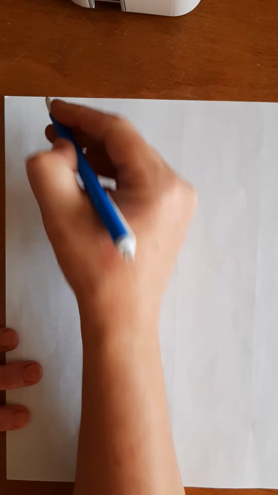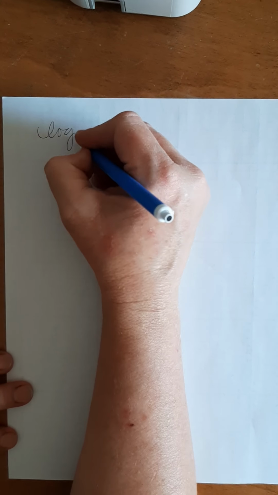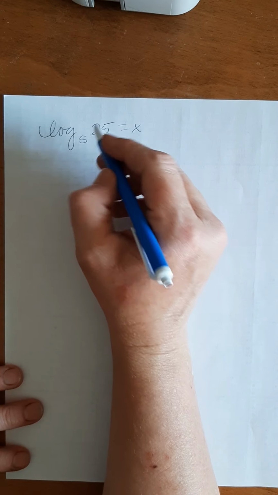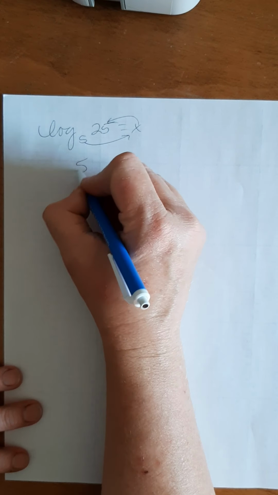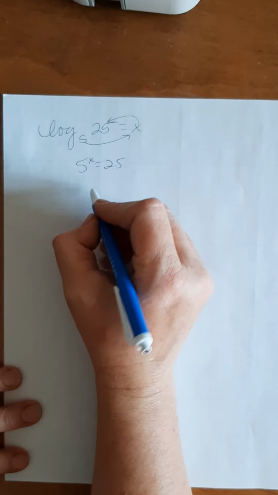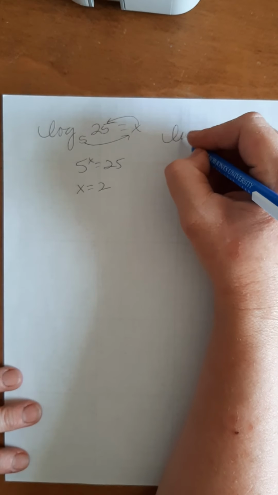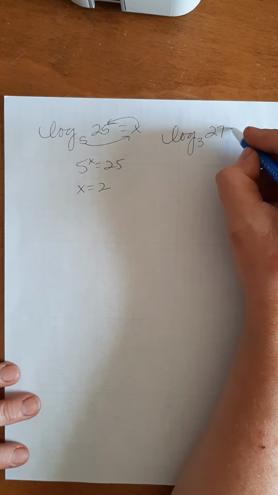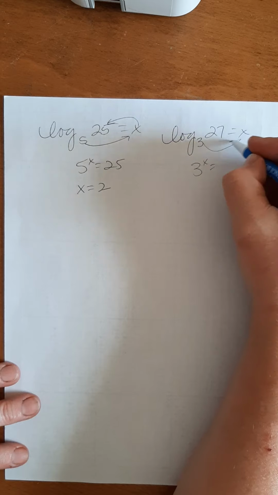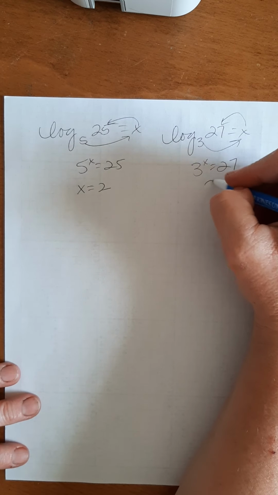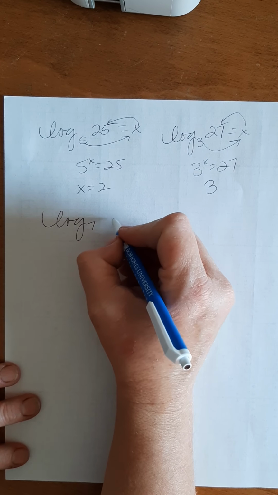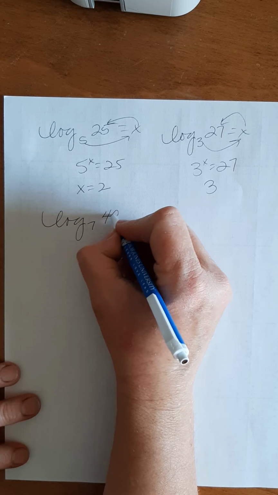Now, besides that, you can also simplify some basic ones. Like, if I just said simplify, in other words, solve for x, 5 to what power equals 25? 2. Let's say I did log base 3 of 27. 3 to what power equals 27? 3. What about log base 7 of 49?